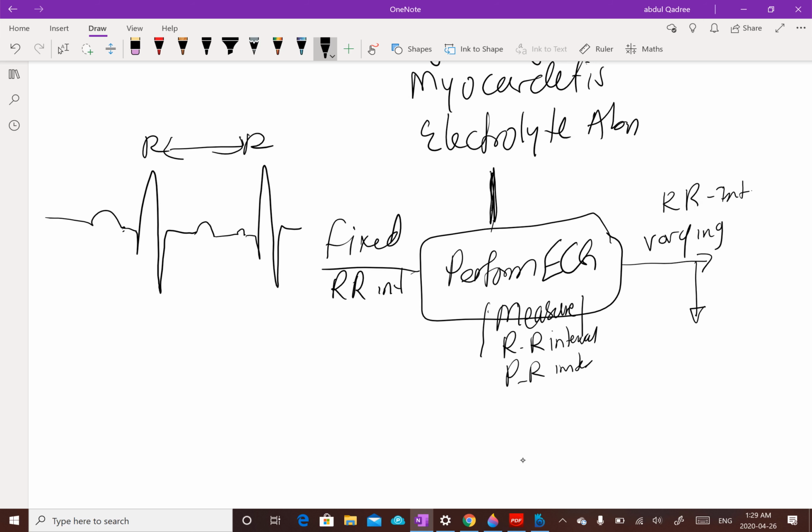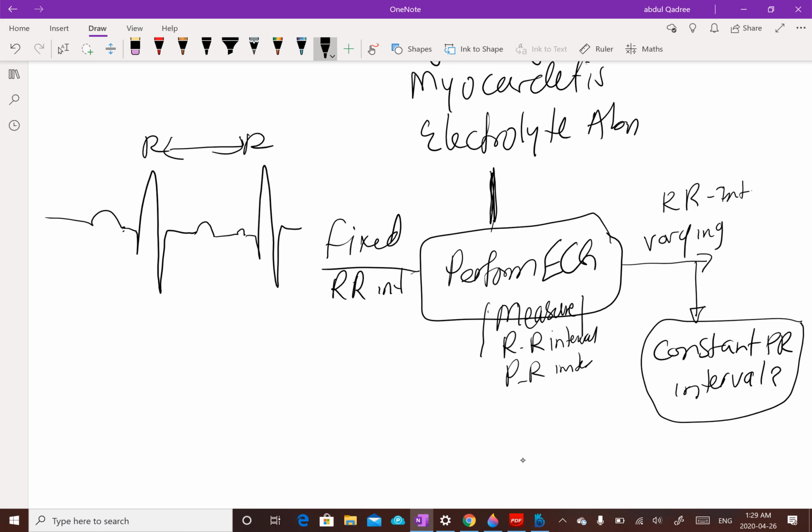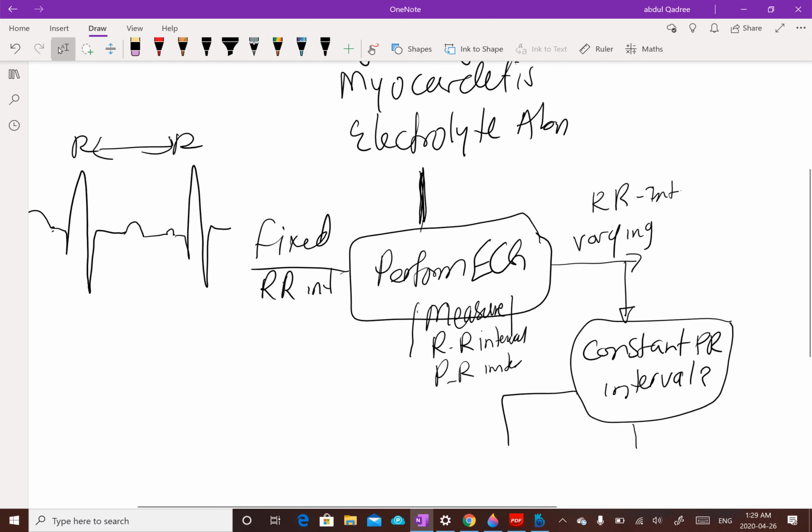How are our PR intervals? Is it a constant PR interval or not? That's what we want to make sure of.